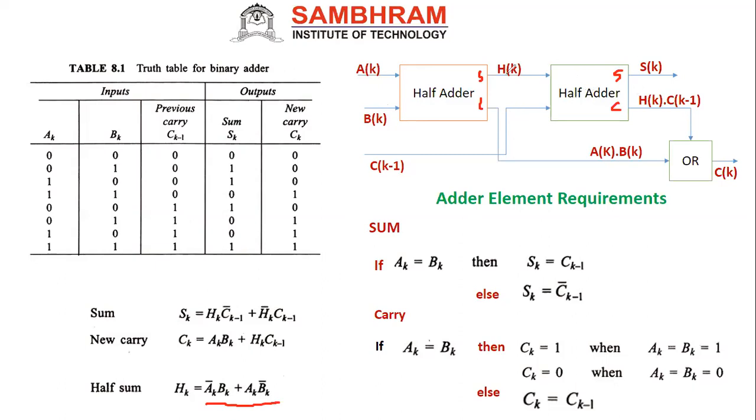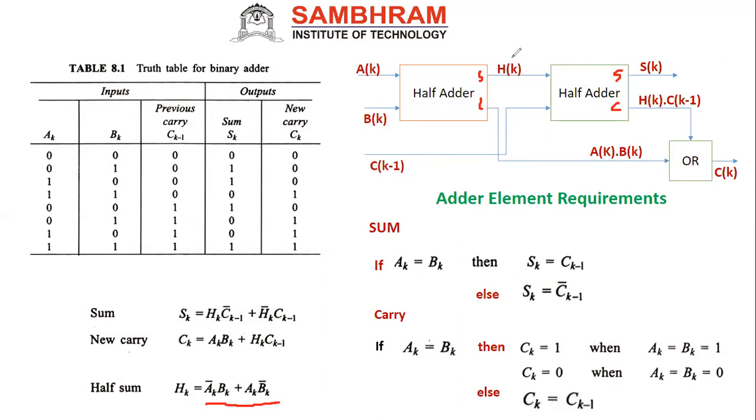It is the same for the second half adder here, as you know very well from this diagram. Now what will be the sum of the full adder completely? The sum is the XOR of Hk with Ck minus 1.